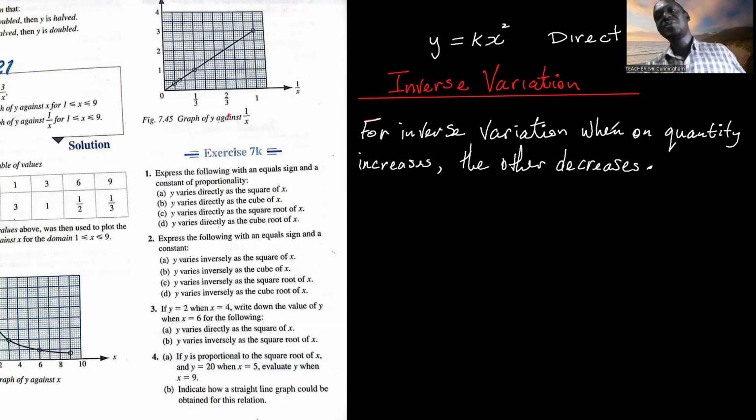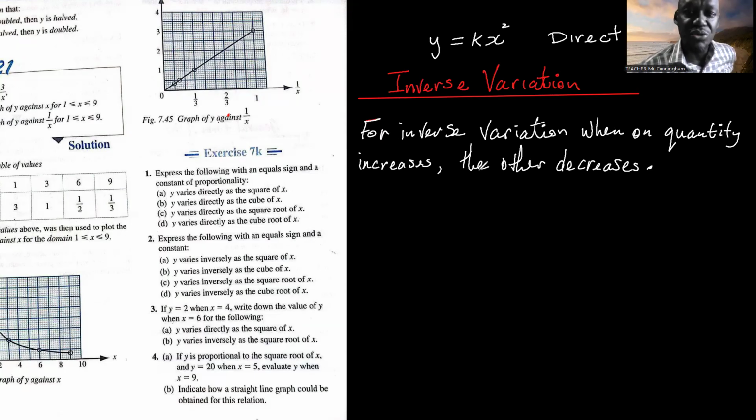When one decreases, the other increases. Which goes differently to direct variation, where when one quantity increases, the other increases. So how do we do that?